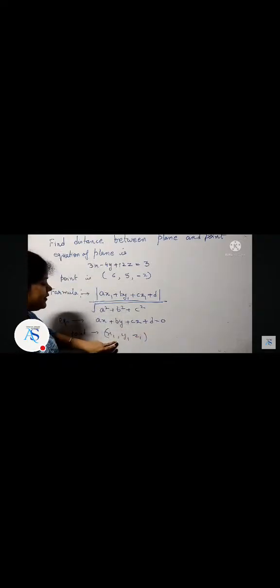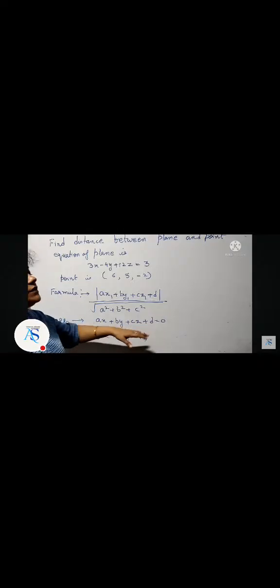This is the equation of the plane in the format ax plus by plus cz plus d is equal to 0, and the point is in the format (x1, y1, z1). That means we put the point x1, y1, z1 in place of x, y and z. So we proceed in this way.